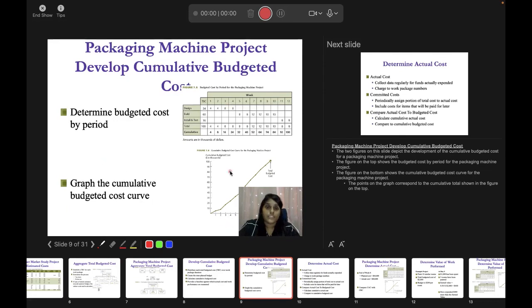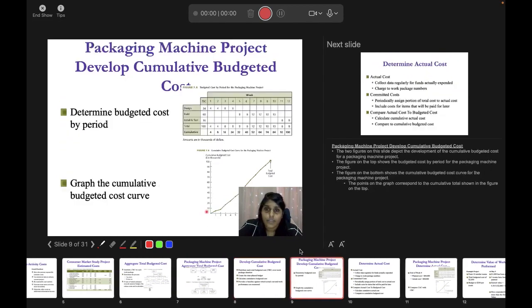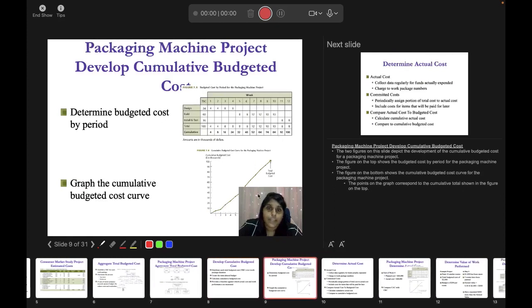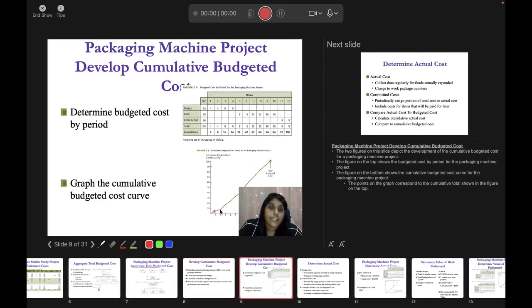Or you can just put in the budget graph based on the cumulative budget cost, and then you have your time, the period of time, and then you will figure out the line for your budgeted cost. Okay, and then you will later on add the actual cost line, so that you will figure out what is your earned value.